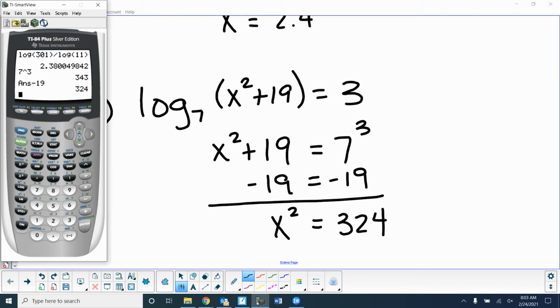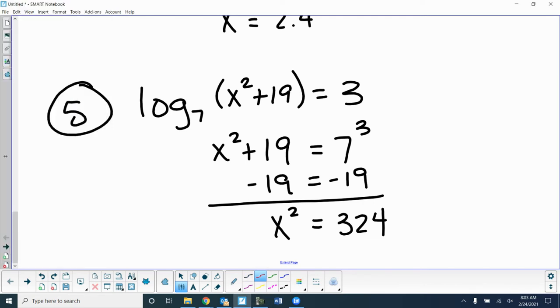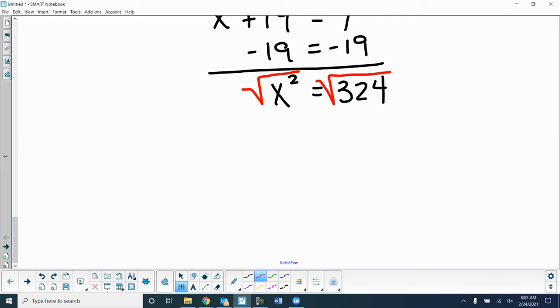Well, that's a nice number. Why is that a nice number? It's a perfect square, yeah. So remember, when we solve the quadratic and we take the square root of both sides, you gotta put that plus or minus symbol, right? And the square root of 324 is 18.